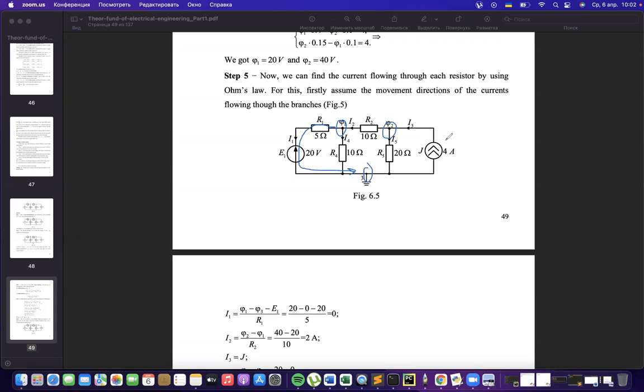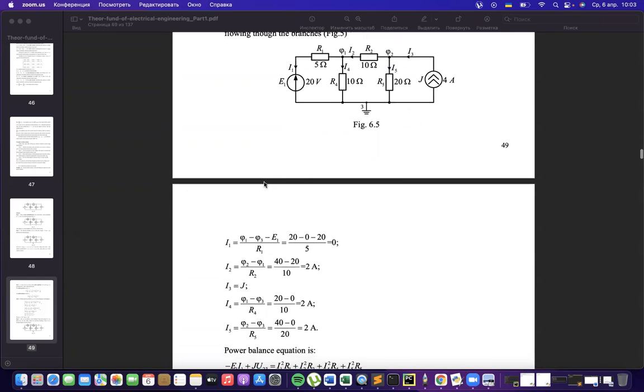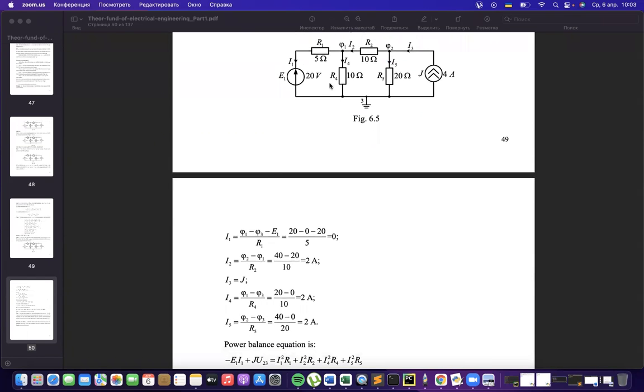The third current equals only the source, 4 amperes. And the fourth and fifth currents, with the potential difference, current number 4, first potential minus third, current number 5, second potential minus third, all have the value of 2 amperes.